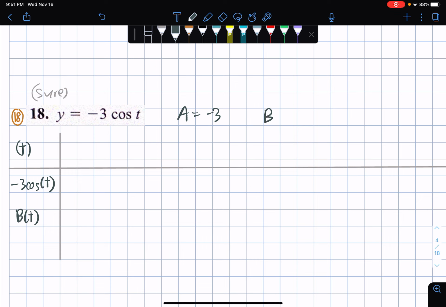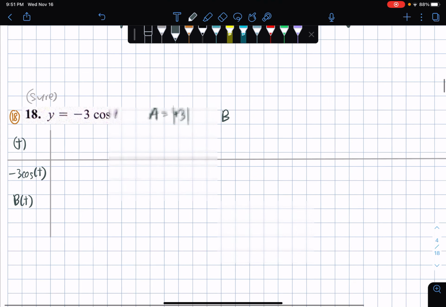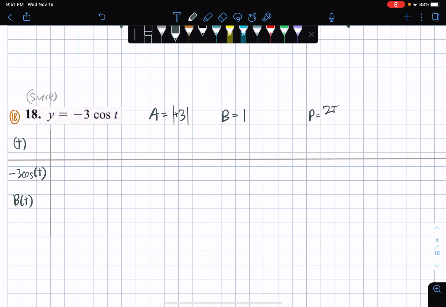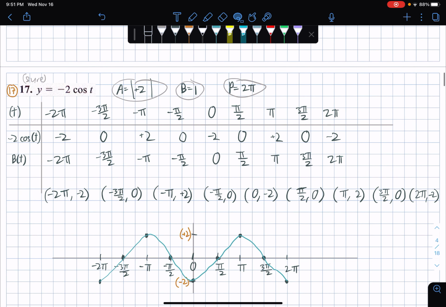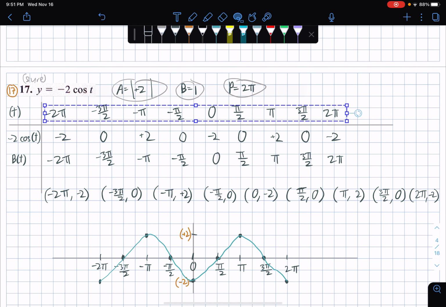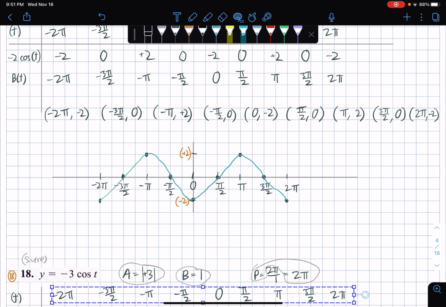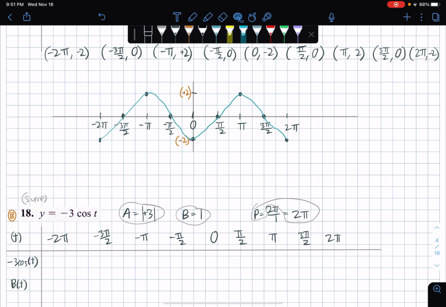So the amplitude is negative 3. Let's make it positive 3 because of the absolute value. B is 1. The period is 2 pi over 1, which is 2 pi. And so, yeah, the same values from negative 360 degrees to positive 360 degrees.